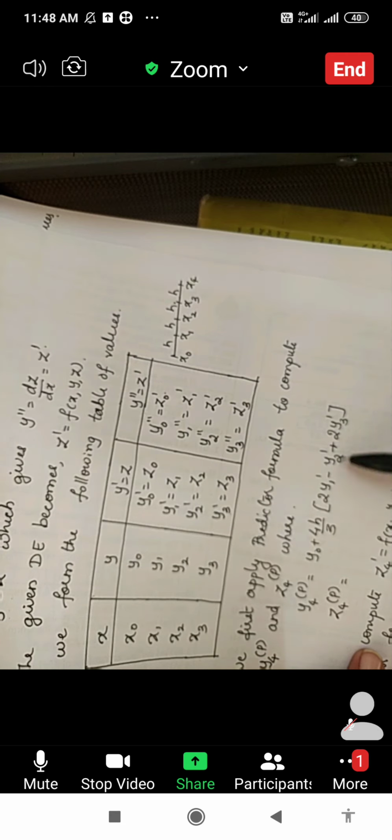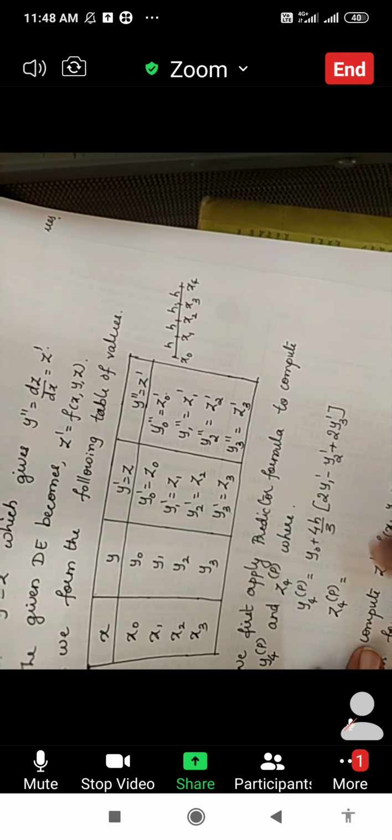We have already used this formula. Now in the RK method we extended it for one more variable z. We will not extend it; we will write a similar formula in terms of z. Write exactly the same formula, but this is for y. So when you write it for z, what should be the change? What should be the predicted value of z4?